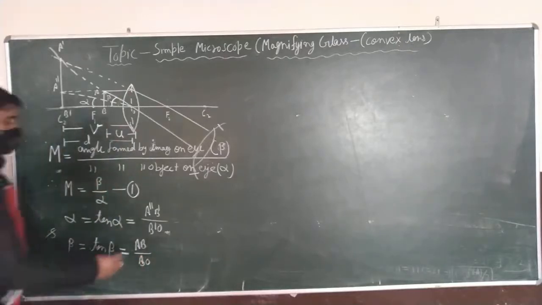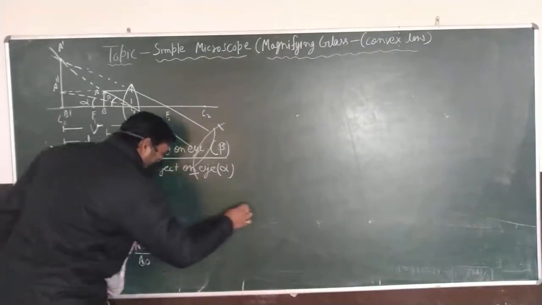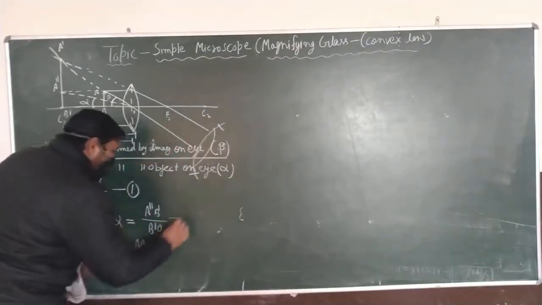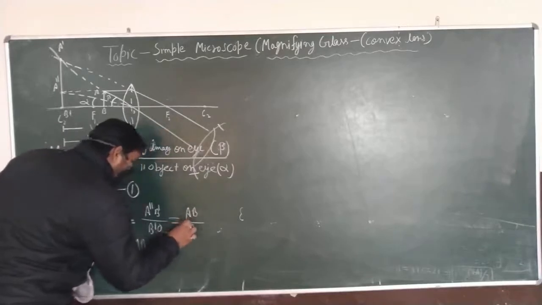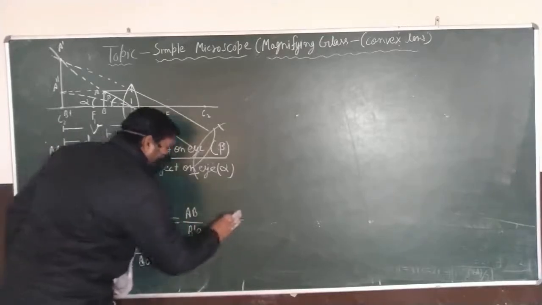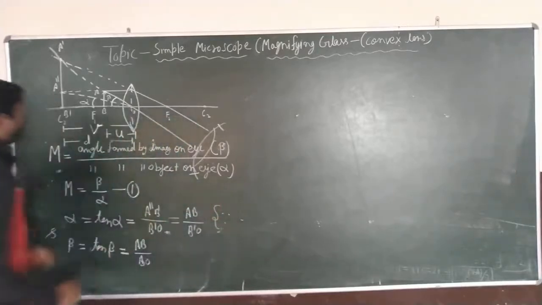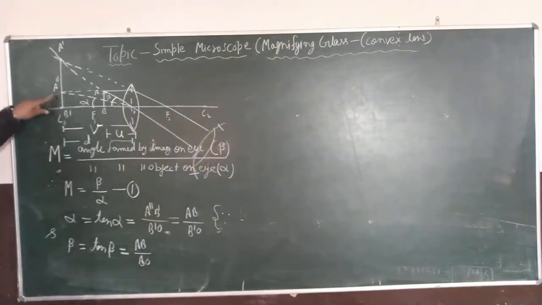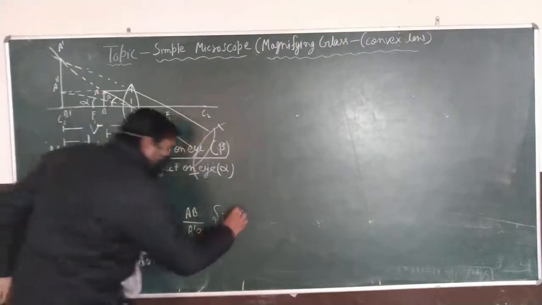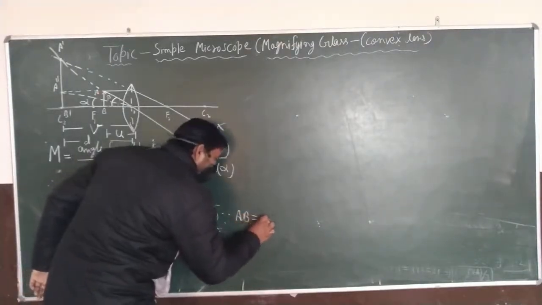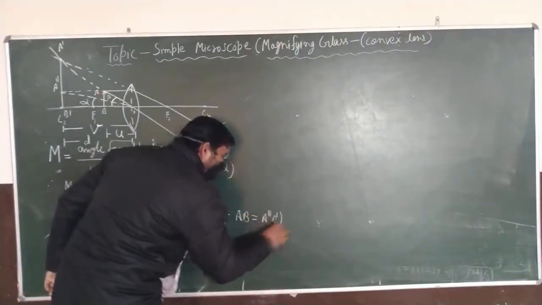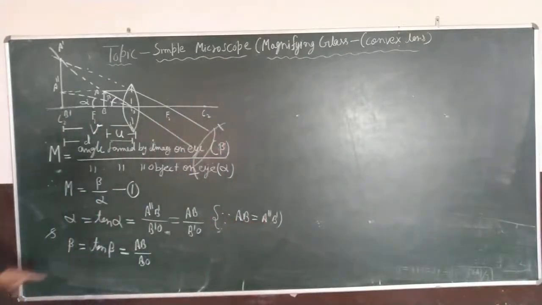Clear? But here we can also write AB upon B dash O, because the length of object and length of image are equal. That is, AB is equal to A double dash B dash. Okay.